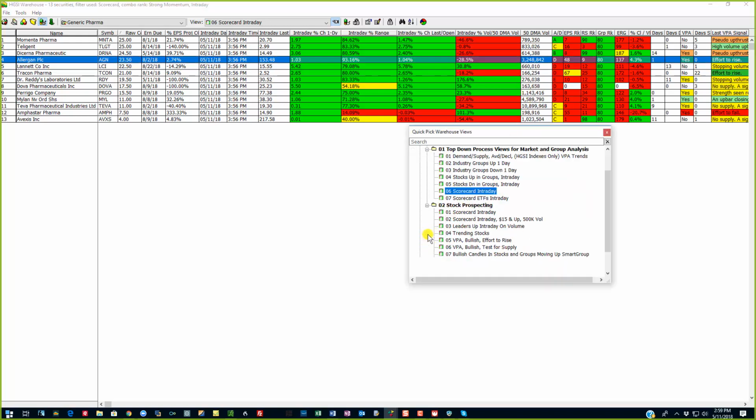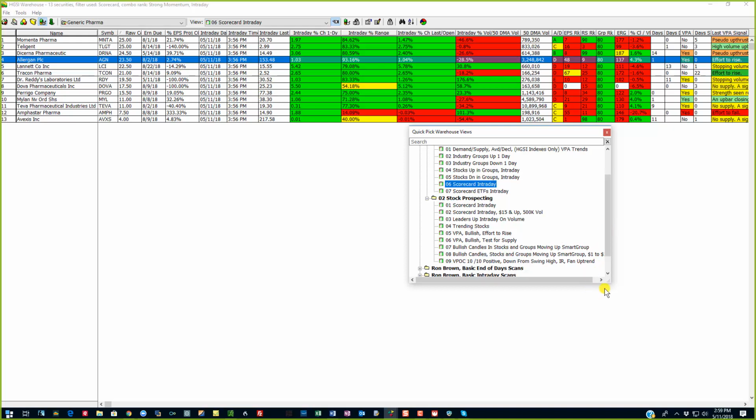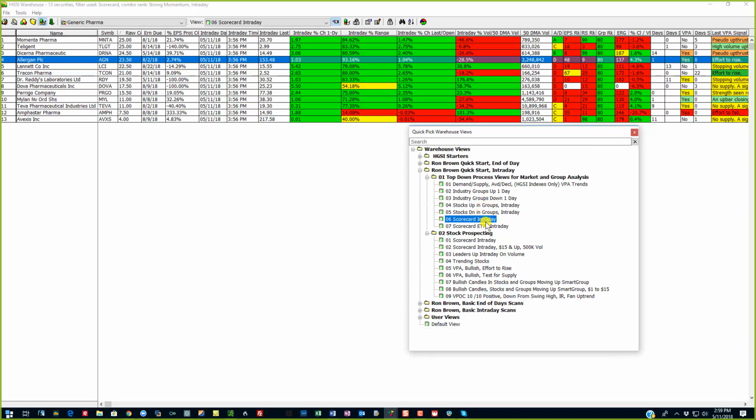Let me point something out to you also, where I made a change for everybody. This is a scorecard intraday, which gives me the traditional scorecard, the earnings per share rank, the relative strength rank, the group rank. But I wanted the trending information too.